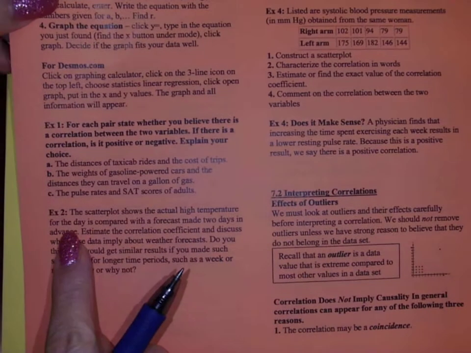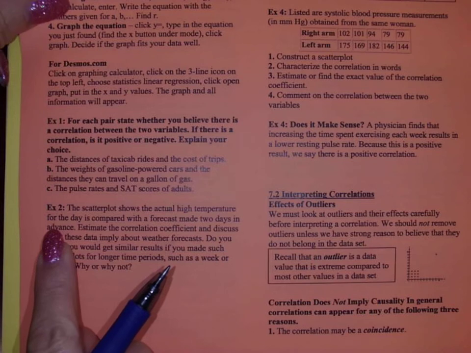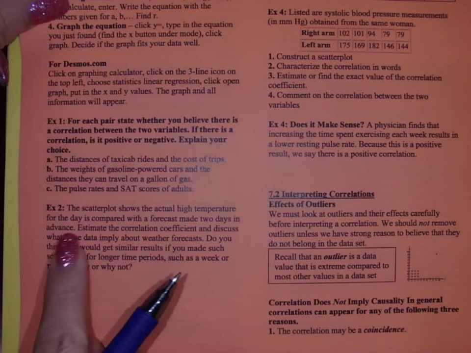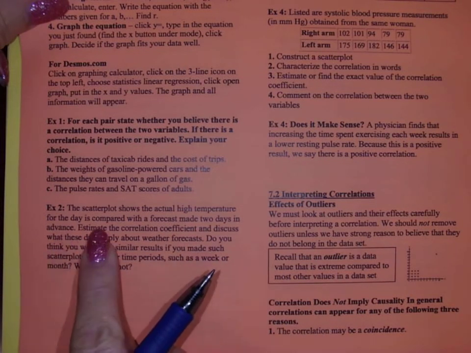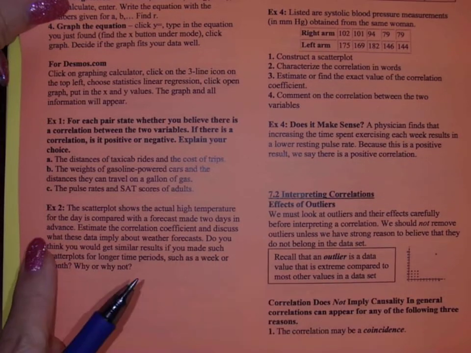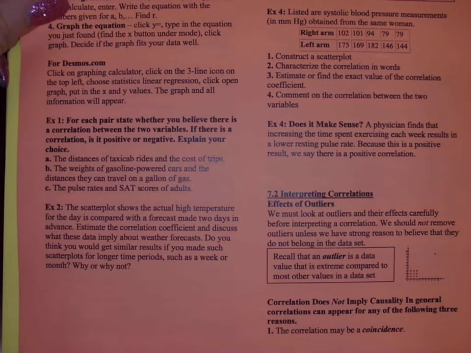The scatter plot shows the actual high temperature for the day compared with a forecast made 2 days in advance. Estimate the correlation coefficient, and discuss what the data implies about weather forecasts.